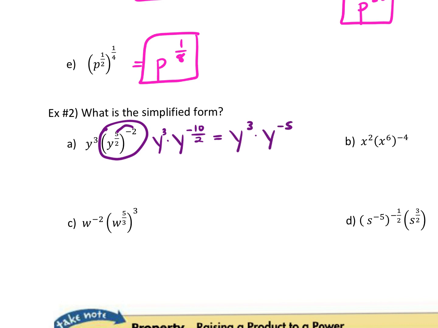What do you do when you have the same base and exponents? Add them together. So 3 plus negative 5 is y to the negative 2nd. What do you do with y to the negative 2nd? You flip it. You're going to bring that down. So 1 over y to the positive 2nd. Is that better?